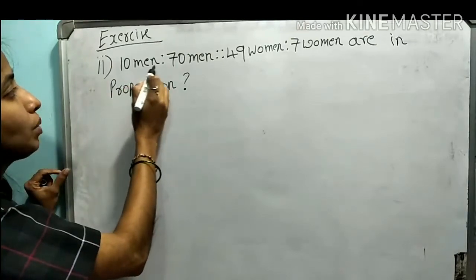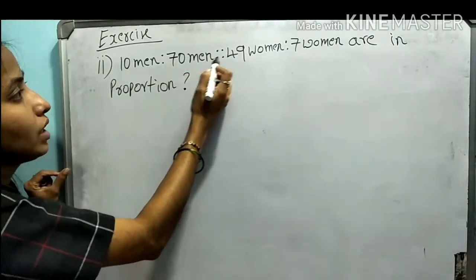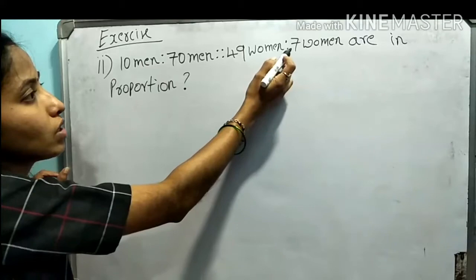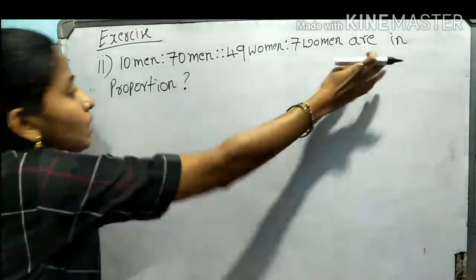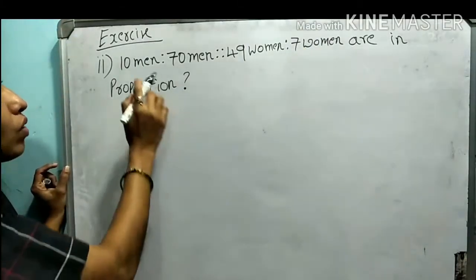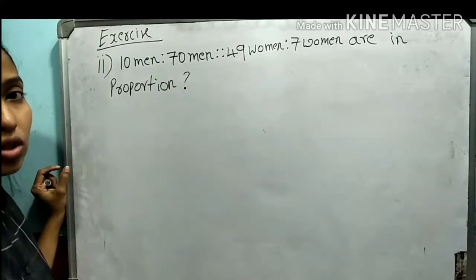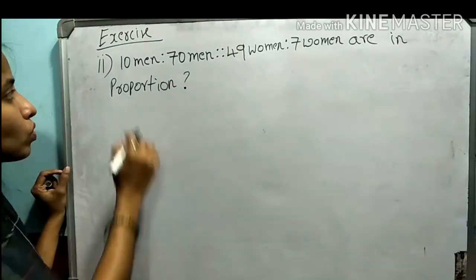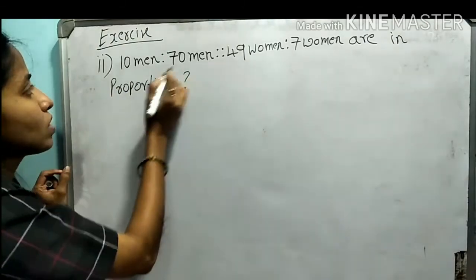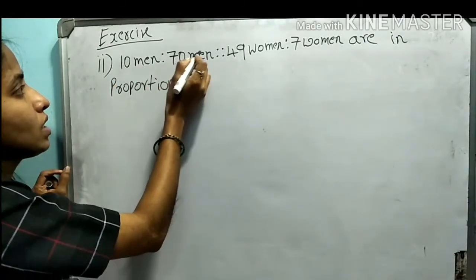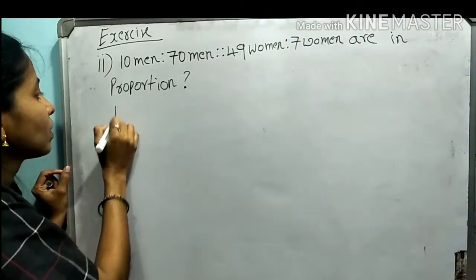Second problem: 10 men is to 70 men, and 49 women is to 7 women. We have to find out whether they are in proportion or not. Here, first take 10 men and 70 men.